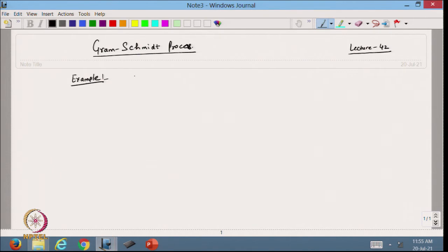Suppose I have a vector space R3 and I am taking the basis as 1 1 1, 0 1 1 and 0 0 1. So, this is the basis of R3.